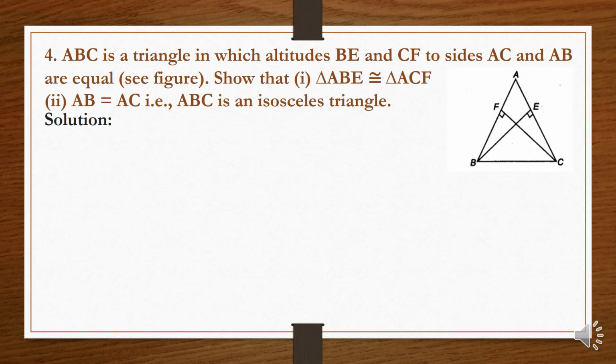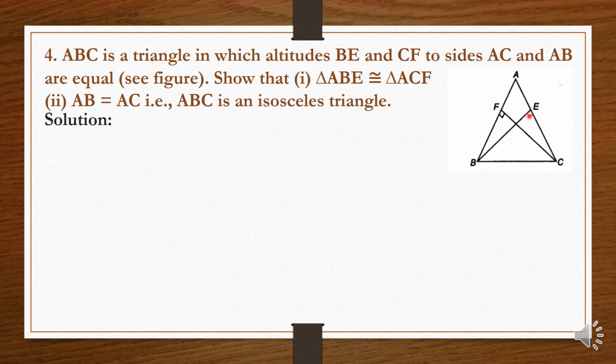Question number 4. ABC is a triangle in which altitudes BE and CF to sides AC and AB are equal. So by the condition we can see triangle ABC has two altitudes BE and CF, which are equal in length, and they are altitudes to AC and AB.